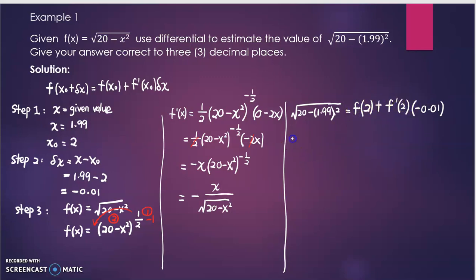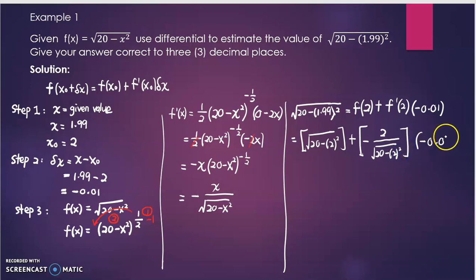Let me put it here. For f(2), substitute 2 into the function f(x): the square root of 20 minus 2 squared, plus f'(2). Substitute 2 into f'(x), with another bracket: negative 2 over the square root of 20 minus 2 squared, multiplied by negative 0.01.